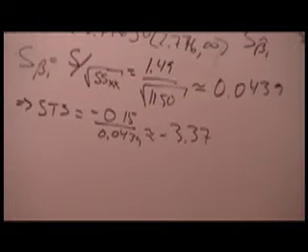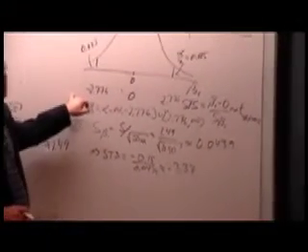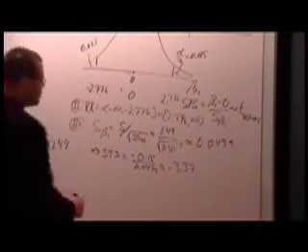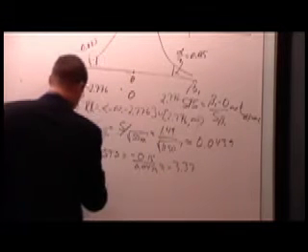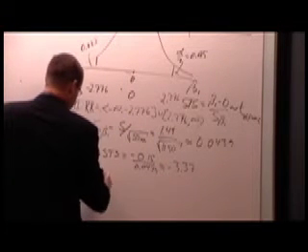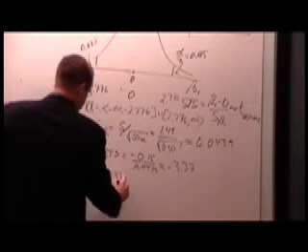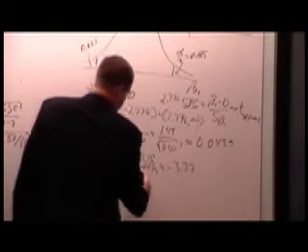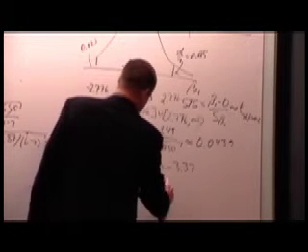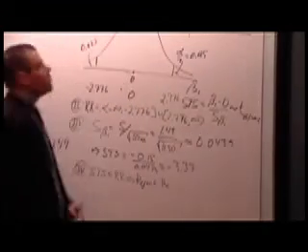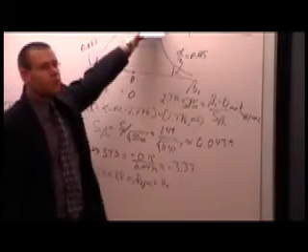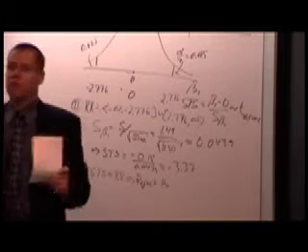It's not? Yes, it is. It's less than minus 2.776, right? So this is in the rejection region. And we conclude that we reject the null, which means that beta 1 is different from 0, and our model explains more than nothing.